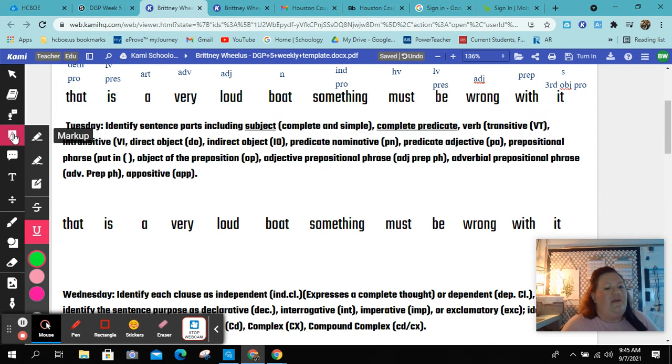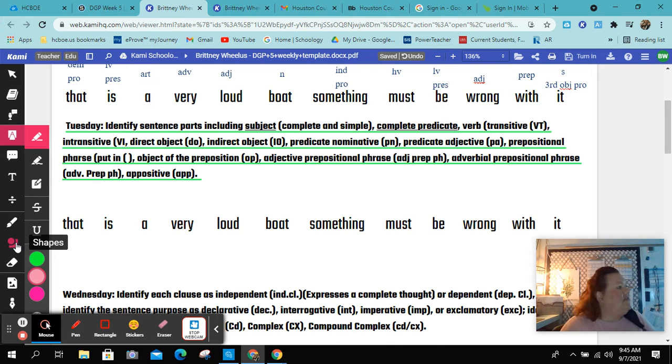All right, so Tuesday, identify sentence parts including subject, complete and simple, complete predicate, verb, transitive VT, intransitive VI, direct object, indirect object, predicate nominative, predicate adjective, prepositional phrase. Don't forget to put in your parentheses, your object of the preposition. Is it an adjective or an adverb phrase? And do you have an appositive phrase?